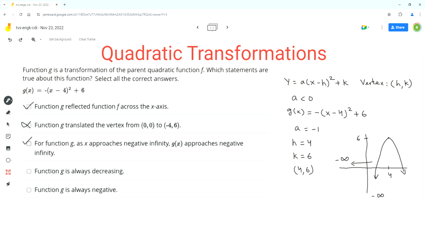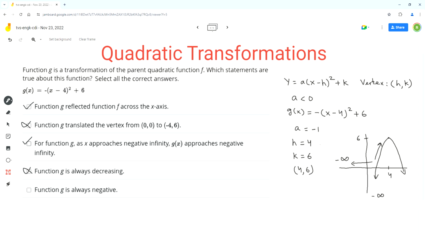We can see in this parabola that as we go across the x-axis from left to right, or as the x values increase, the y values increase all the way to the vertex point of the parabola. That means the function is increasing from left to right as we approach the vertex. That means the function g is not always decreasing. Therefore, option D is not correct.